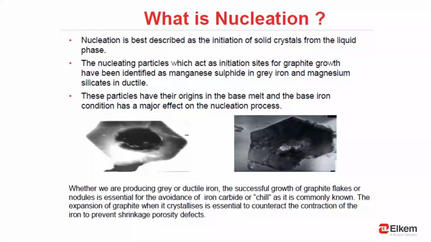The grades became much more stringent and quality much more demanding from the end users, the OEMs. That is how the quality of inoculants grew gradually. Today we are talking about inoculants with cerium, rare earths, calcium, barium, zirconium, manganese, etc., but it started very simply.